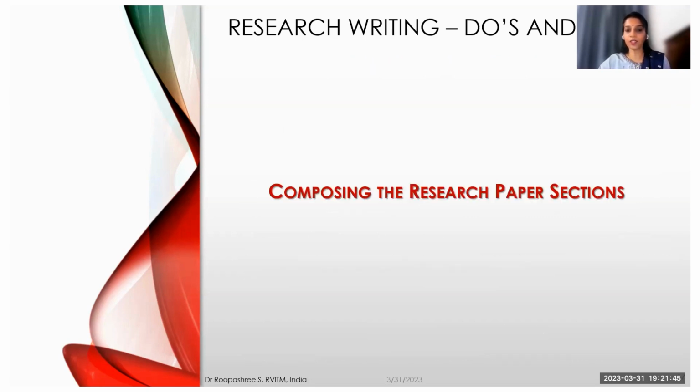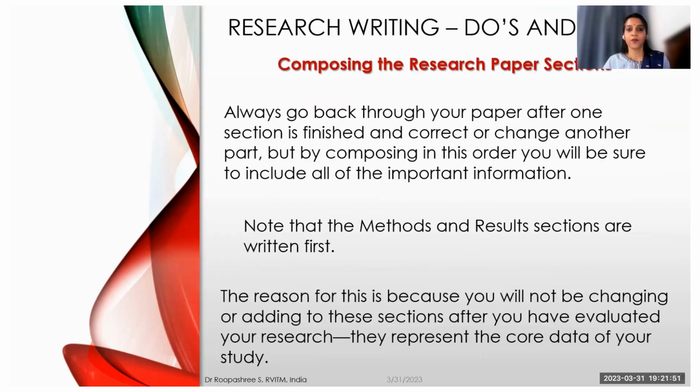Now let me go in brief over how we compose these research paper sections. It is always advisable to go back through the paper after one section is finished and correct or change another part. But by composing in this order, we will be sure to include any important information that we have missed.